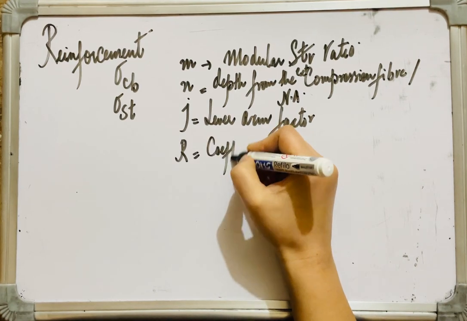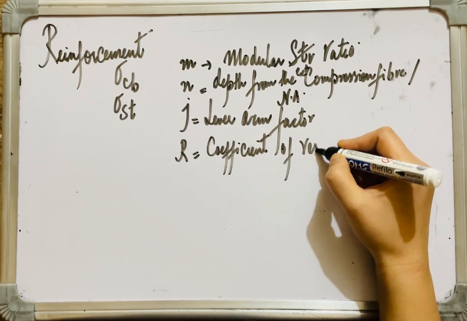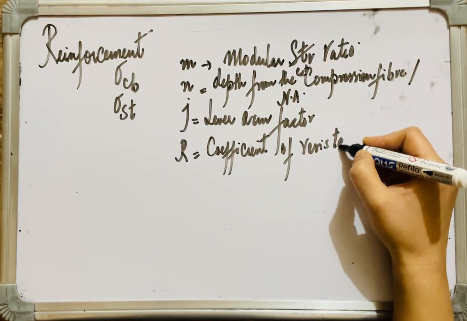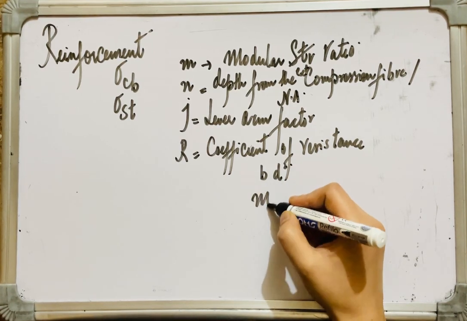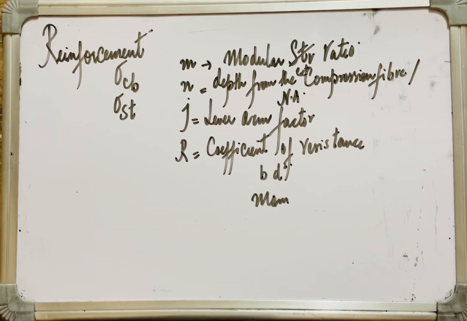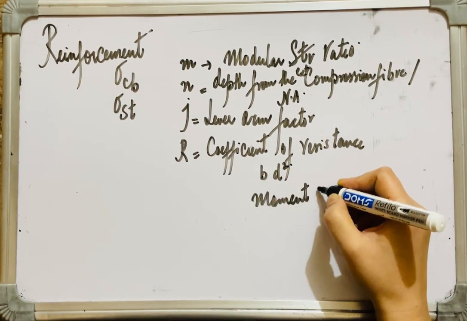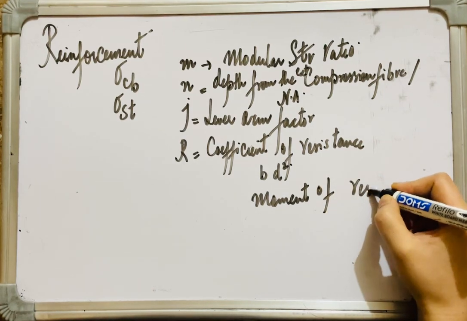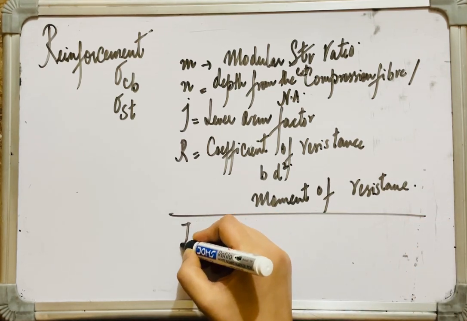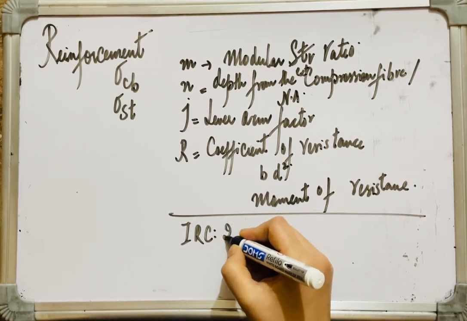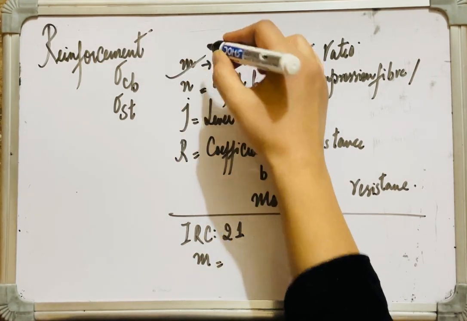It is the coefficient of resistance, which when multiplied by BD square gives me the moment of resistance. And as per IRC 21, we usually take the modular ratio as 10.